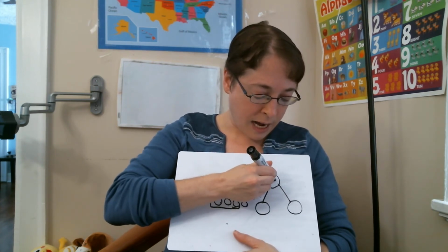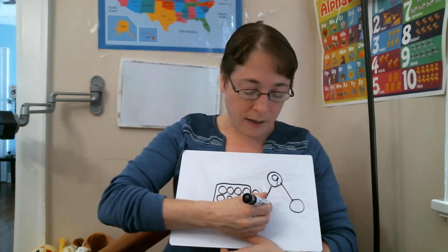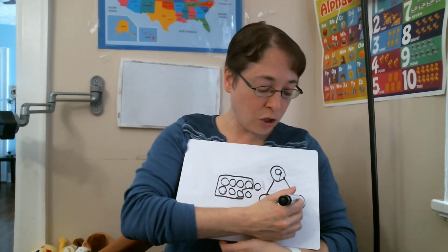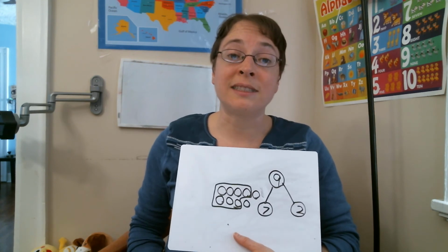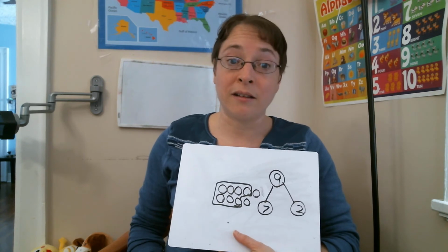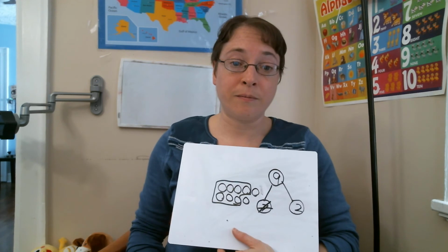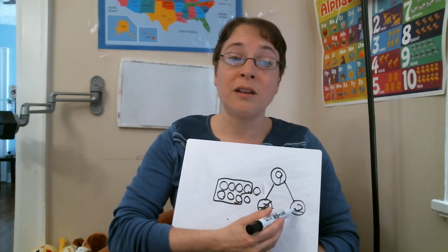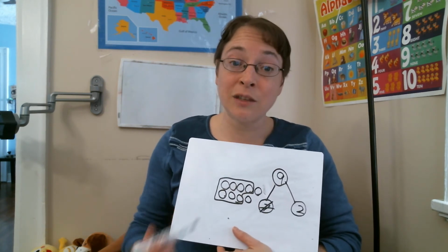So we have 9 apples. We have 7 that are green. How many are not green? 2. What number do we need to cross out to find out how many are not green? We need to cross out number 7. And we find out we have 2 that are not green. Can you make a number sentence for this problem?